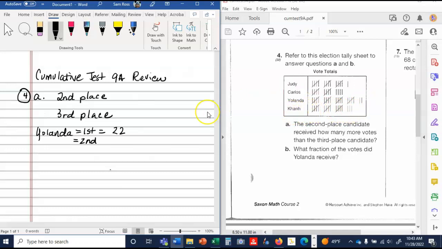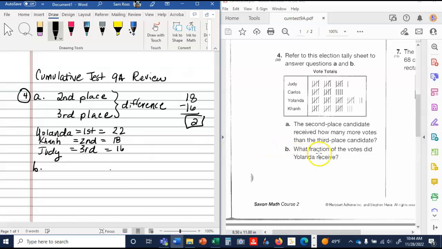Second would be Khan, and he has 5, 10, 15, 18. And then third place looks like Judy, and that's 5, 10, 15, 16. So it asks for the difference between second and third. That's 18 minus 16, which is 2.